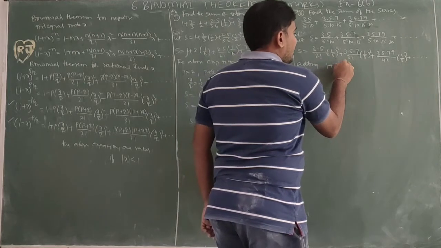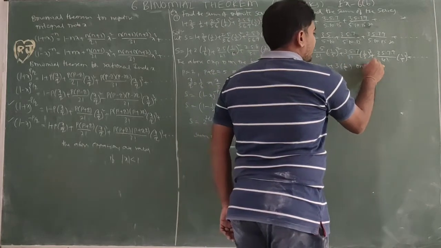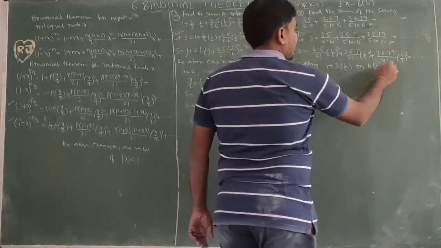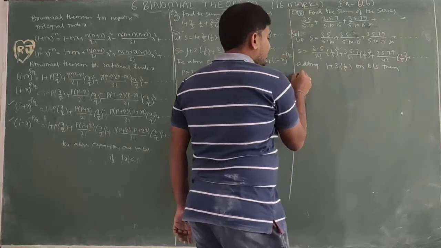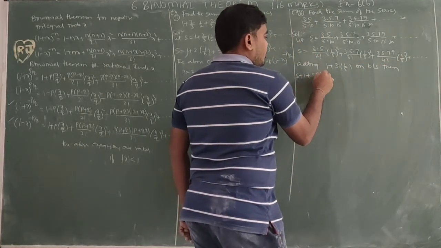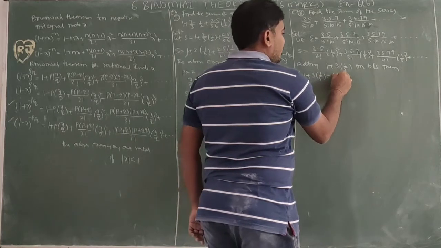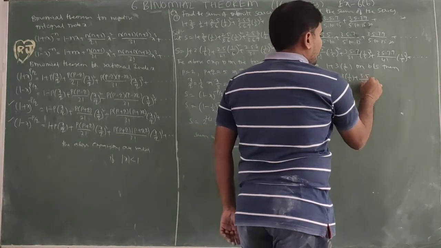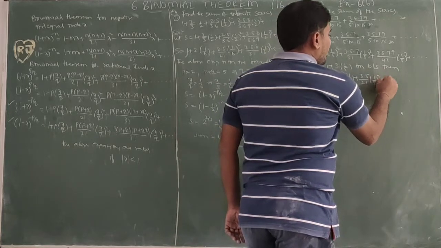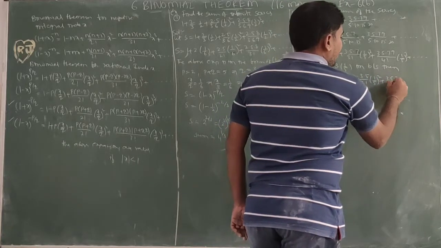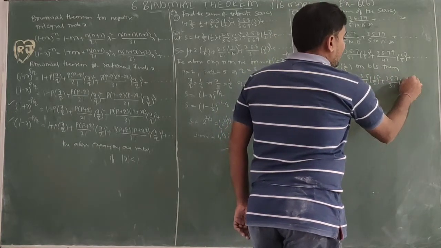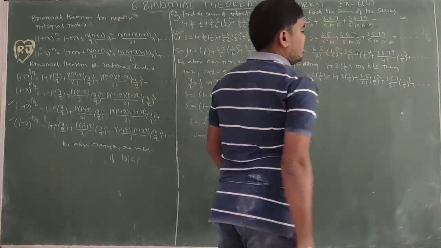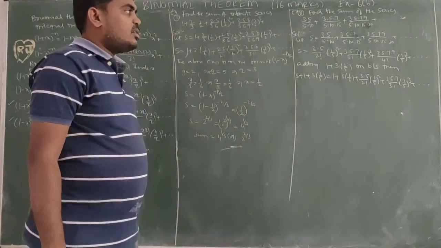Adding those 2 terms, adding 1 plus 3 of 1 by 5 on both sides. Then S plus 1 plus 3 of 1 by 5 equal to 1 plus 3 of 1 by 5 plus (3·5)/2! (1/5)^2 plus (3·5·7)/3! (1/5)^3 plus up to so on. So this we got.